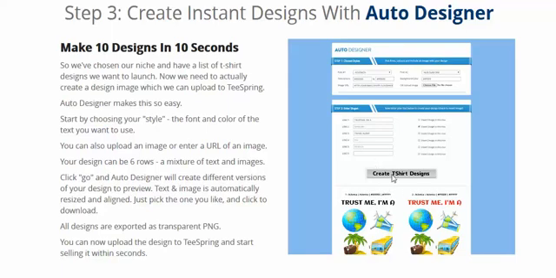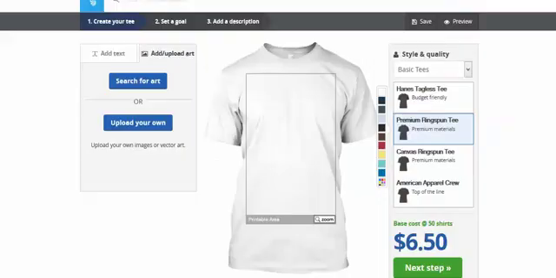Then we click go, and Auto Designer creates different versions of the design that we can preview. Text and image is automatically resized, formatted and aligned, and then we just want to download the one that we like. Just click on it and it will automatically download. All the designs are exported as transparent PNG files, which is the correct format, and we can instantly upload the design to TeeSpring and literally start selling it quicker than has ever been possible before.